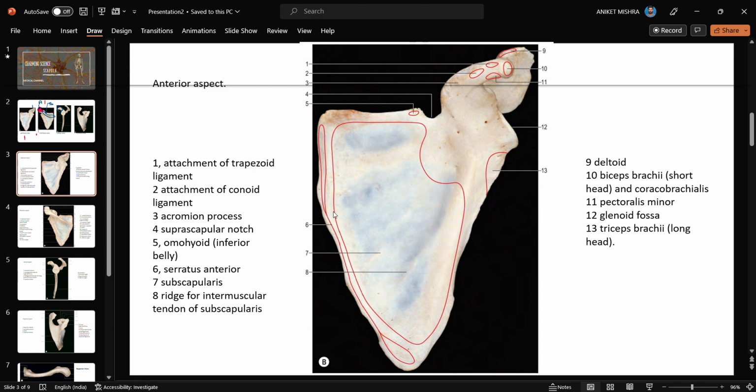I'm going to mark all that part with green. We will start from below. At the bottom, on the costal surface, this area is known as the inferior angle, as we discussed before. This one is the lateral border, and this one is the medial border of the scapula.